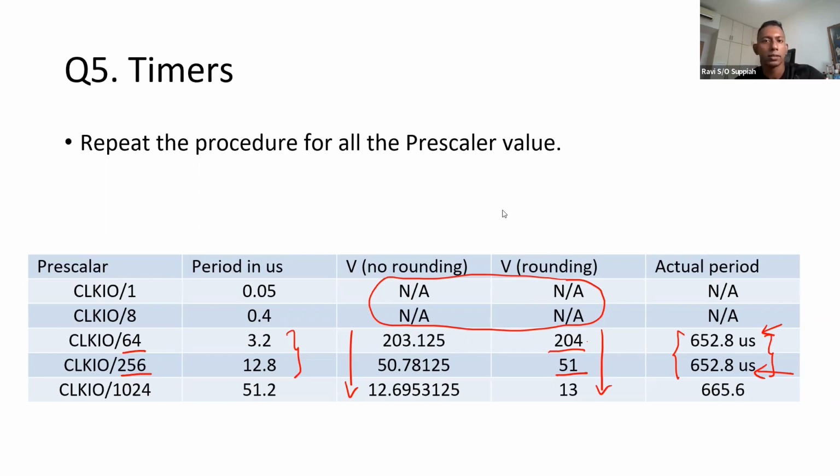So in this particular case, 256 and 64 are both the same, but generally we would prefer the one with the smaller prescaler. But in this particular case, I would say both are the same. The period here is basically the time taken to increment by 1, that means the TCNT register going from 0 to 1 to 2 and so on. This is the period.